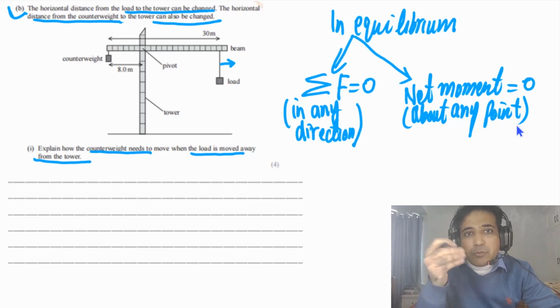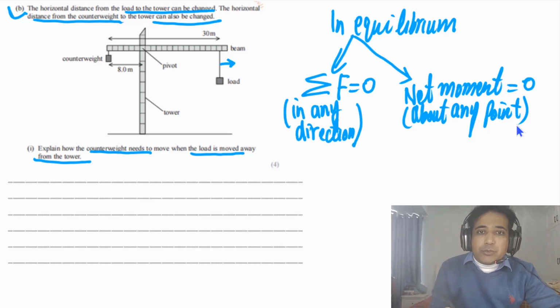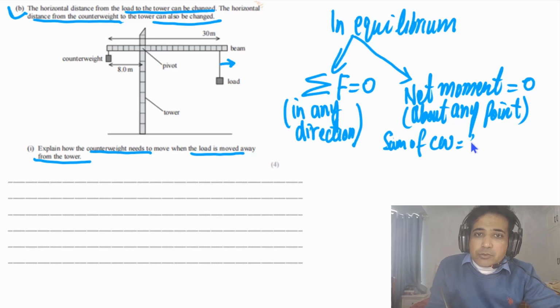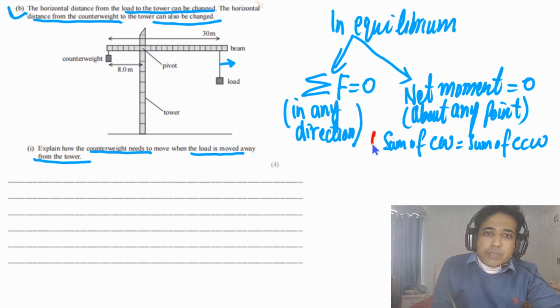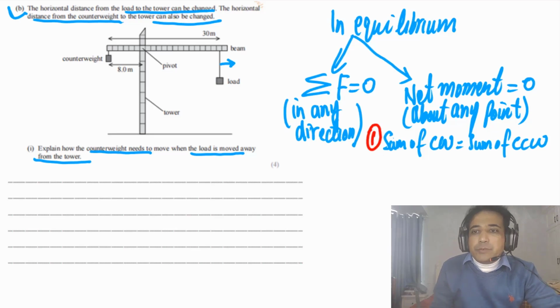Or if you only remember net moment is equal to 0, that is also not a complete understanding of this concept. You need to understand net moment about any point has to be equal to 0. It simply means that the sum of clockwise moments has to be equal to the sum of counterclockwise moments. So this is one point we need to understand. We can mark this as 1 point.